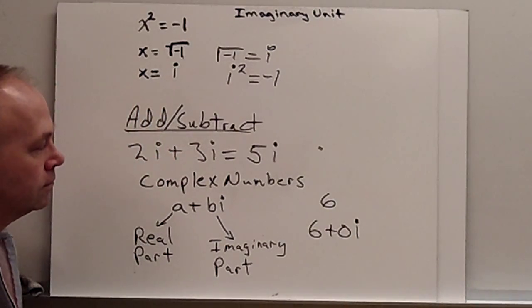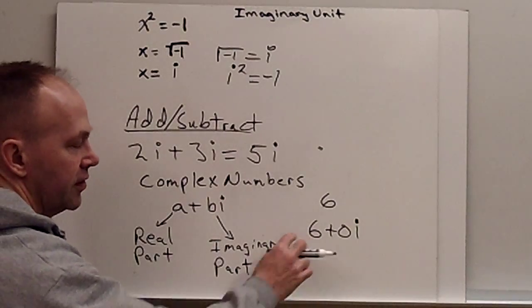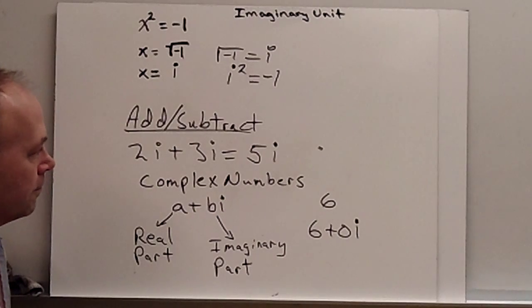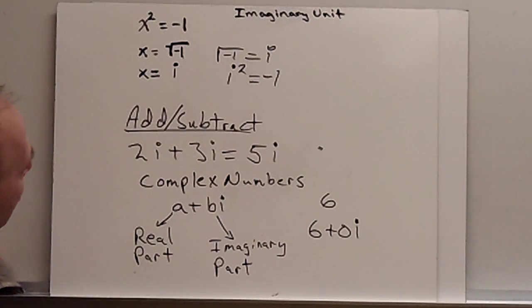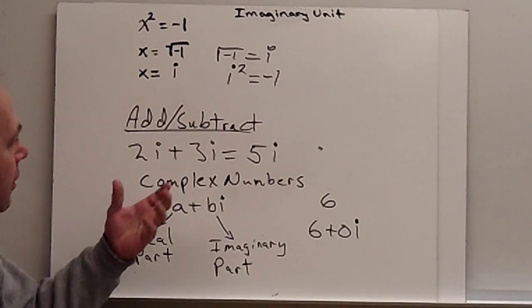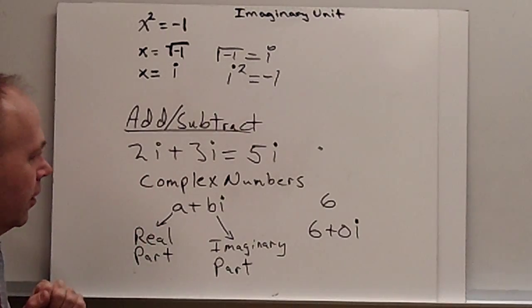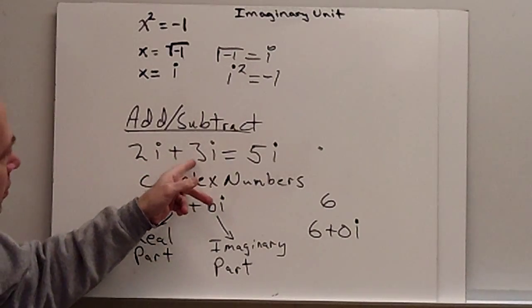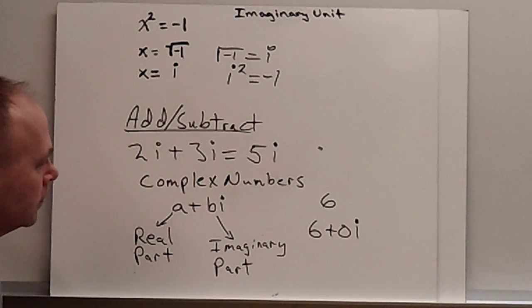Cool. 6 is my real part, 0i is my imaginary part. Now, we looked at adding and subtracting just, quote, imaginary numbers. Really, these are complex numbers, because that's 0 plus 2i plus 0 plus 3i.